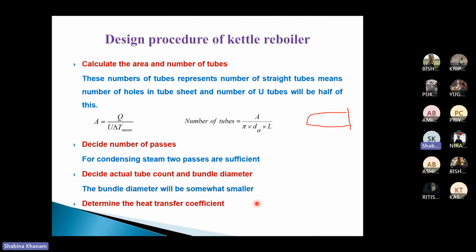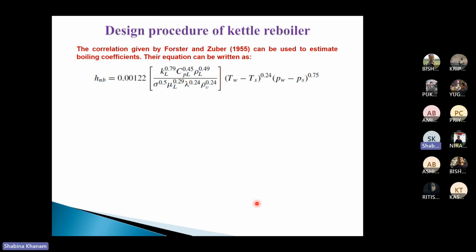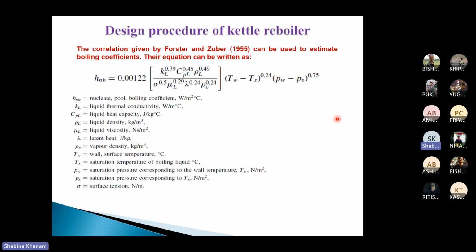And we need to find out the heat transfer coefficient. Just quickly, I will cover. This is a very complicated empirical correlation given for boiler design to find out the heat transfer coefficient. This is HNB, this is for mixture, this is for single component.